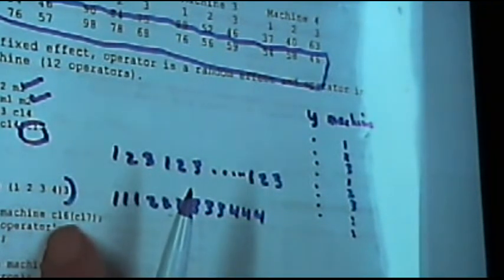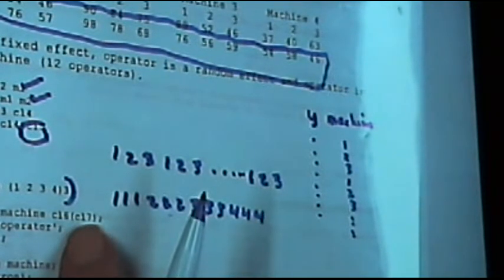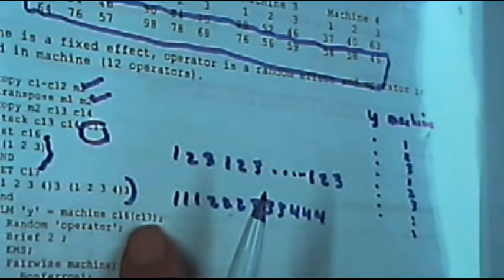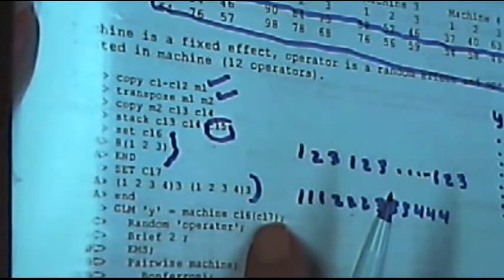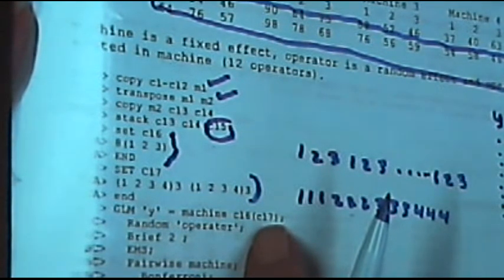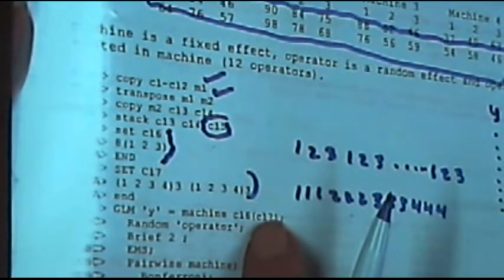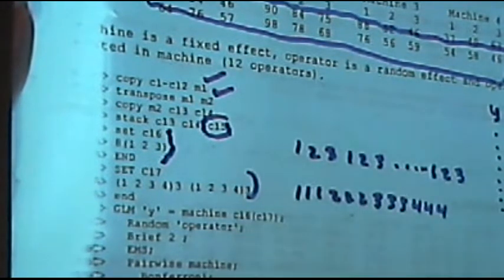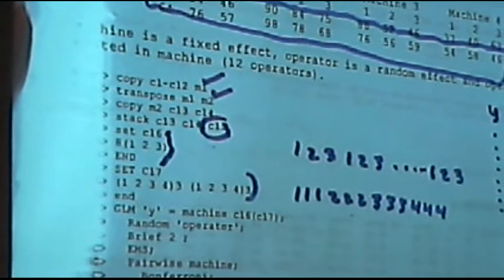But now here I'm stuck because, nope, that can't be machine. That's what I would get if I had operator.